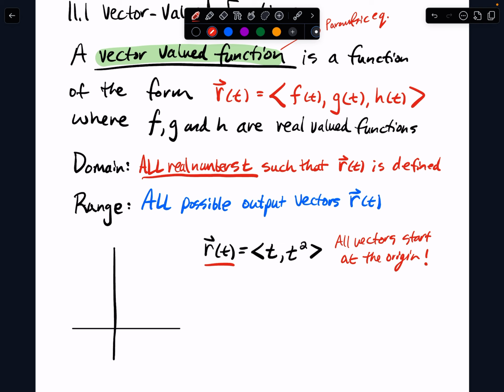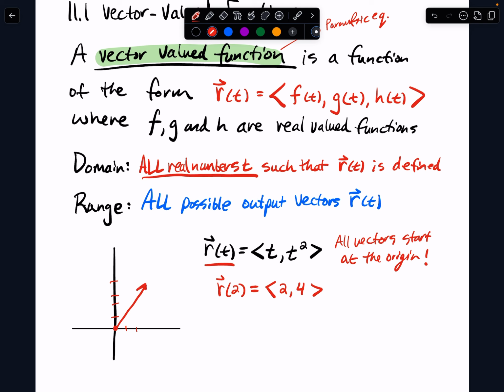So if I take a real number, say t equals 2, when I plug that into my function, r of 2, we have a vector 2 comma 2 squared, which is 4. Okay, so I start at the origin, I go over 2 and up 1, 2, 3, 4.